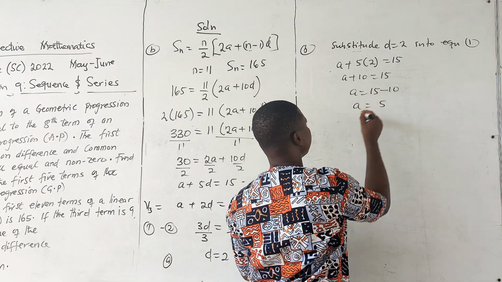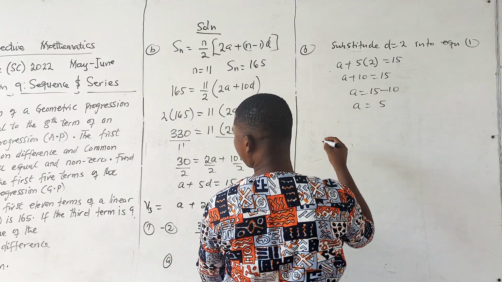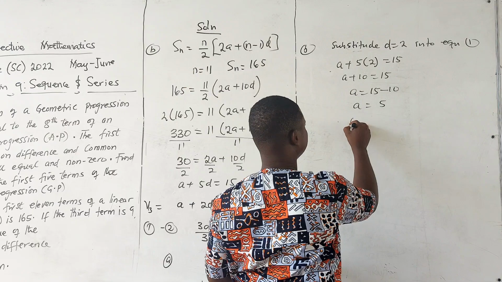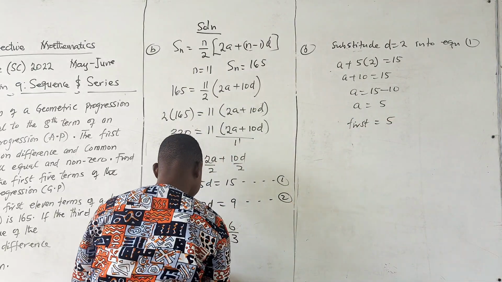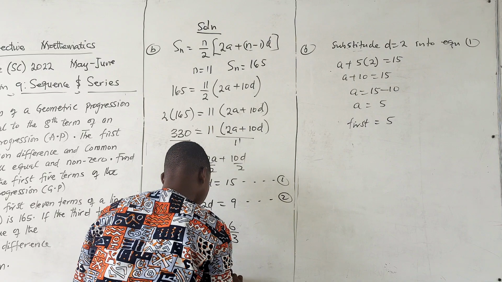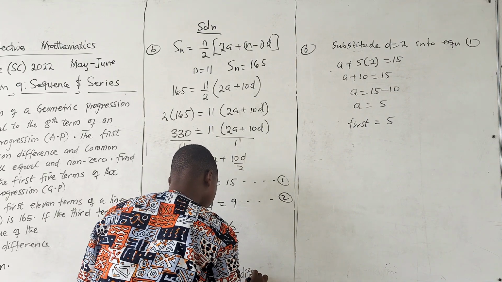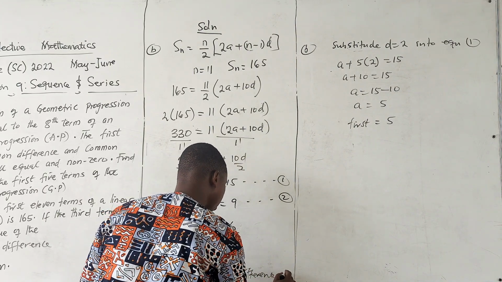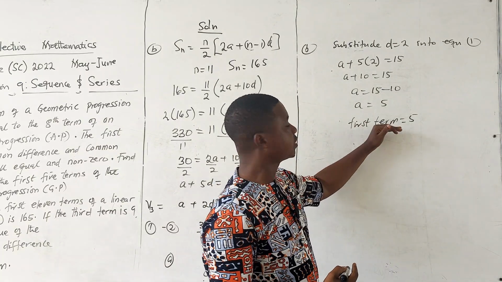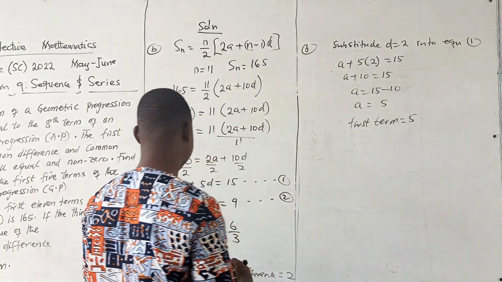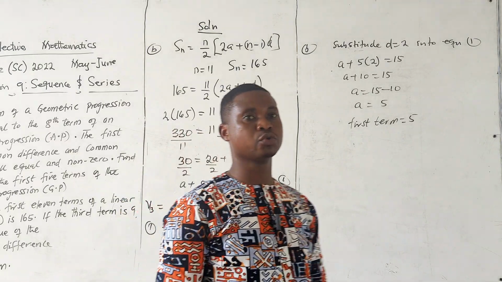A will give us 5. So therefore, our first term is equal to 5 and common difference is equal to 2. So first term is equal to 5, and our common difference is equal to 2.